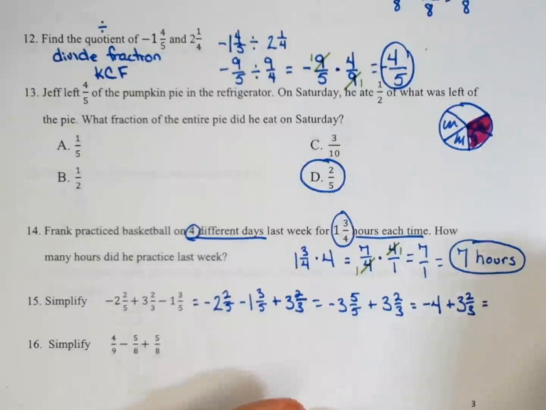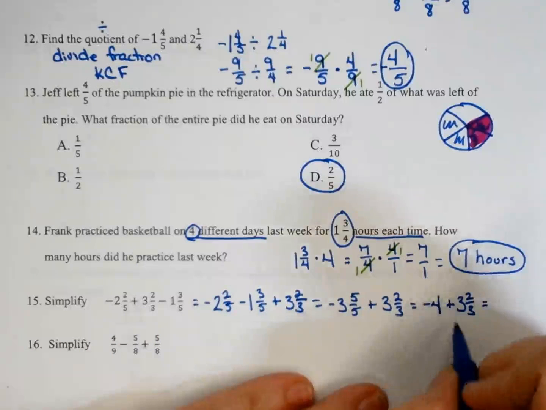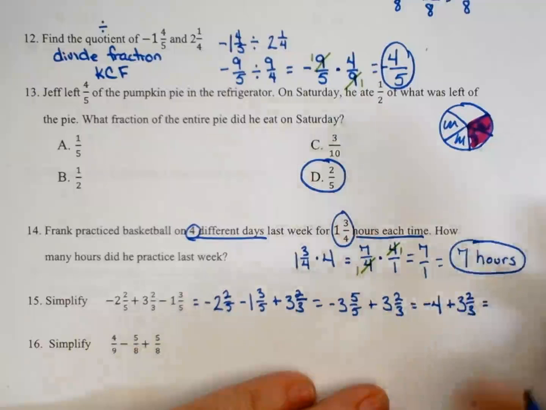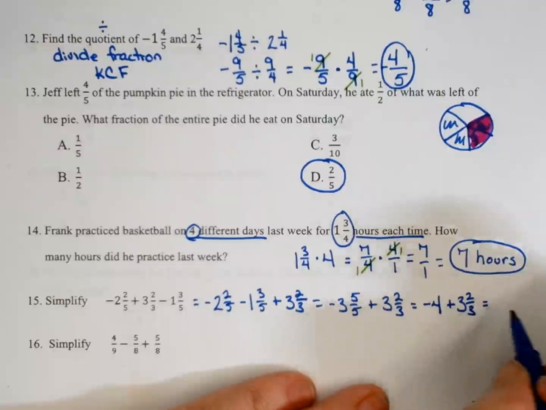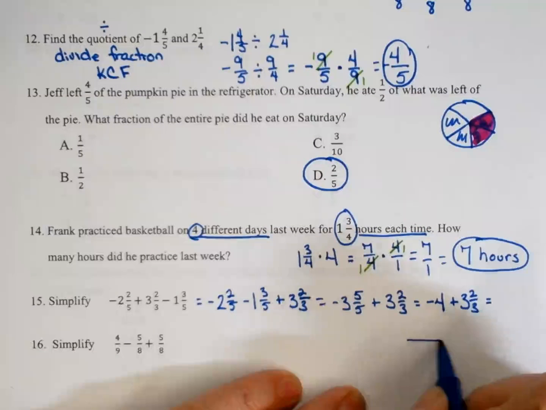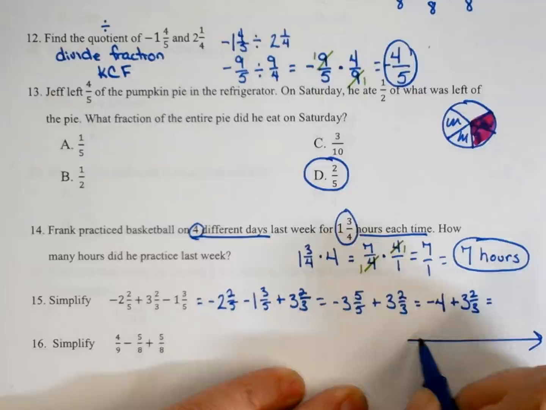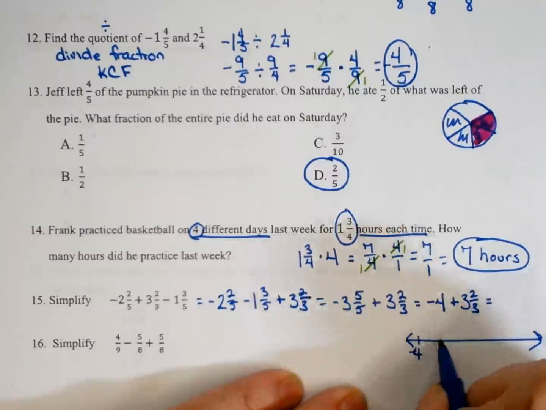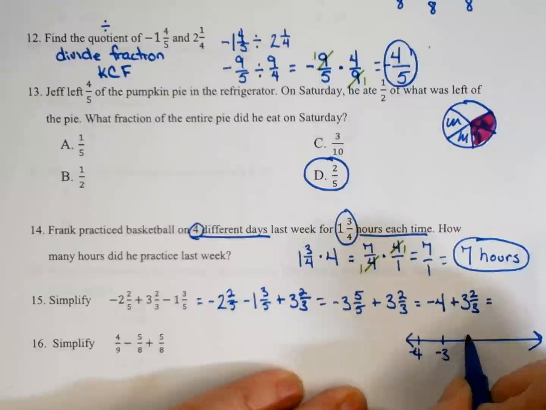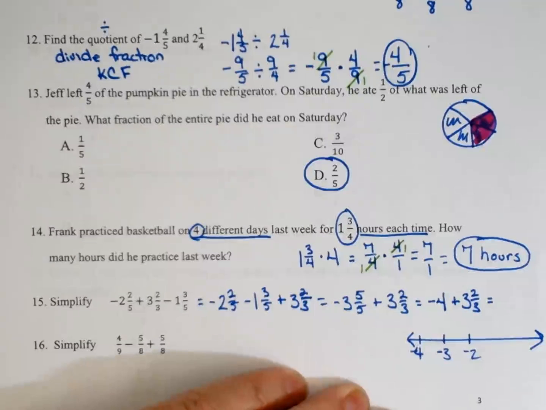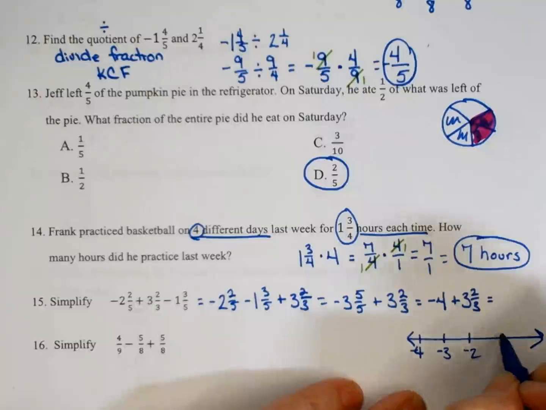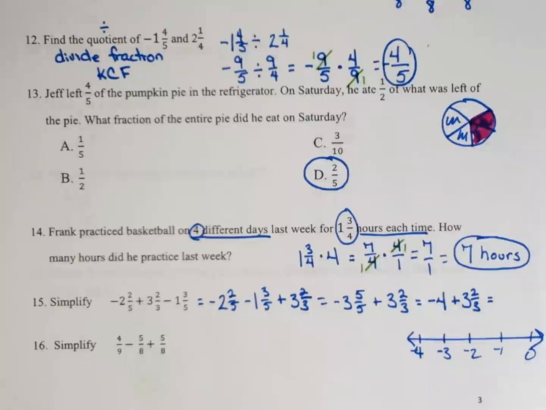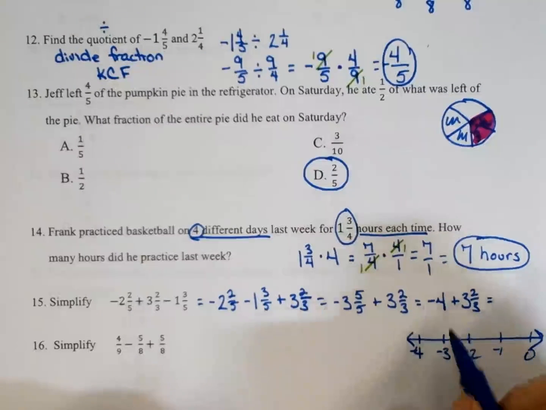Okay, so if I am at negative 4 on a number line, and I go up 3 2/3, where am I going to end up? I can do it in my head on a number line if I wanted to. Let's do a number line. If I'm at negative 4, negative 3, sorry guys.